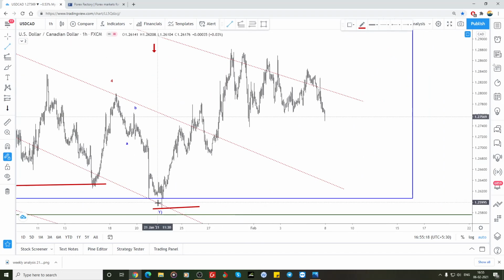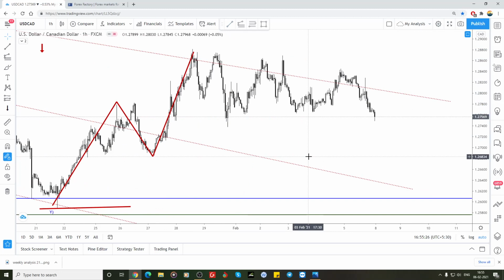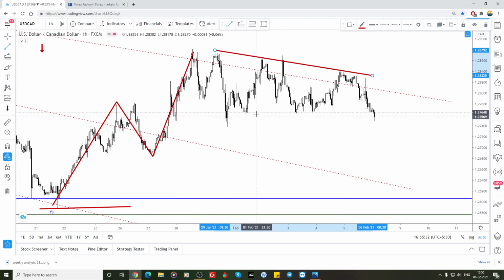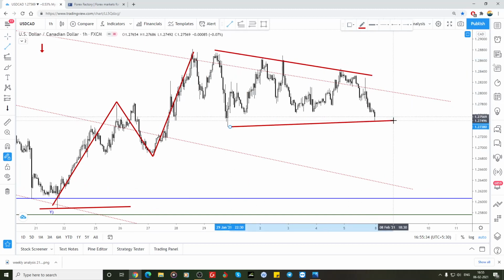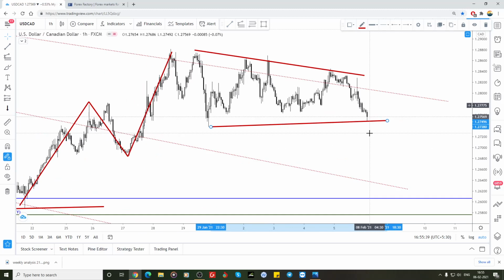This is a five-wave structure, this is a three-wave structure, and again this is looking like a five-wave structure, right? What will be the next? It's looking like a triangle. Whether it is a triangle or what, we can't know anything.